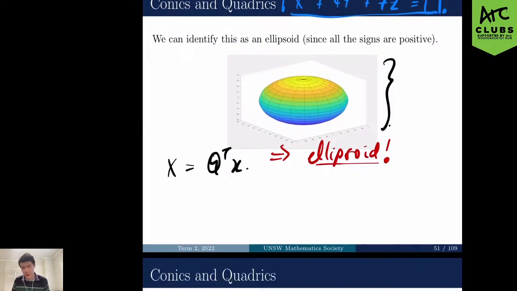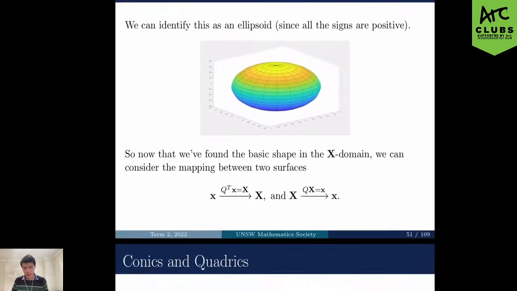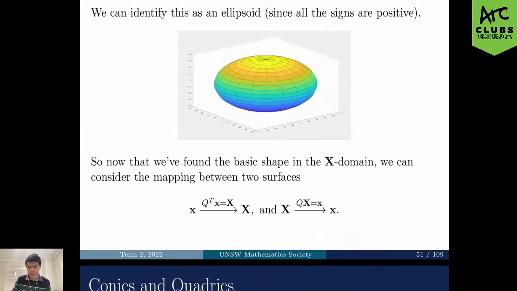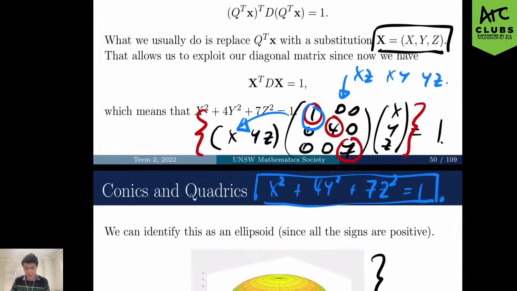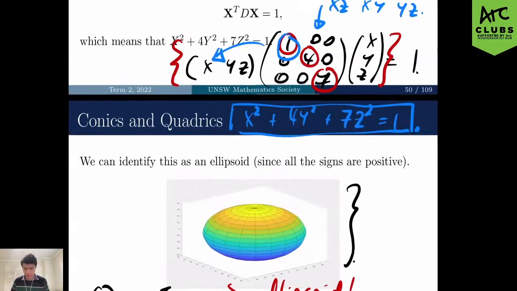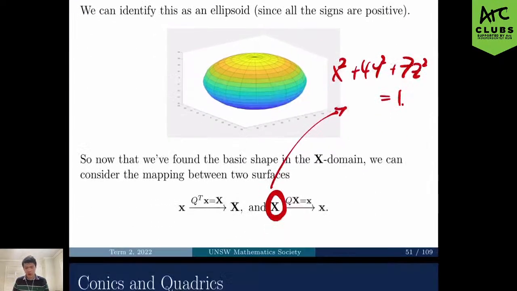Okay, but we're not actually done, because remember, we're not using big X, we're actually using little x. So at this point, we start using the relationship between the two surfaces. So remember, in the big X domain, our shape is actually just equal to X squared plus 4Y squared plus 7Z squared is equal to 1. But we're not in the big X domain.